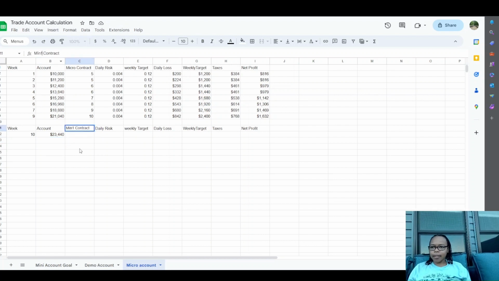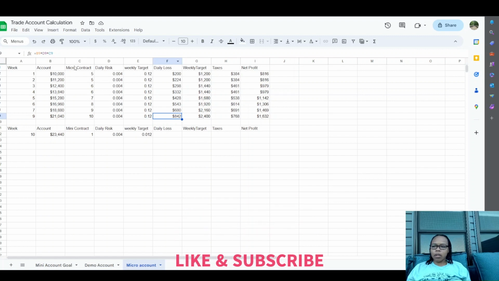Oh, I got a one there. Okay. So we're trading 1 contract, and the risk is the same, 0.004, and my target's still, well, let's be honest, the weekly target is based on how many contracts I'm trading and the model I'm following, right? So let's say 1, 2, daily loss. Oh, we already have that. Daily losses, B9 times D9 times C9.